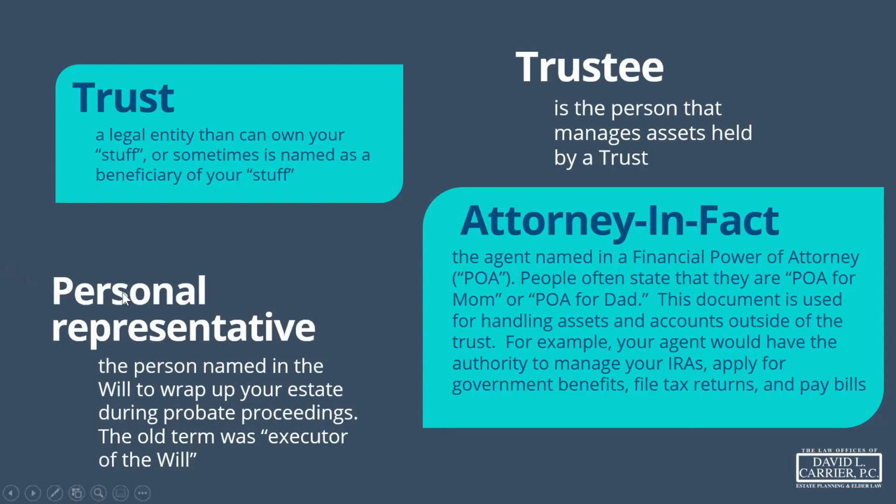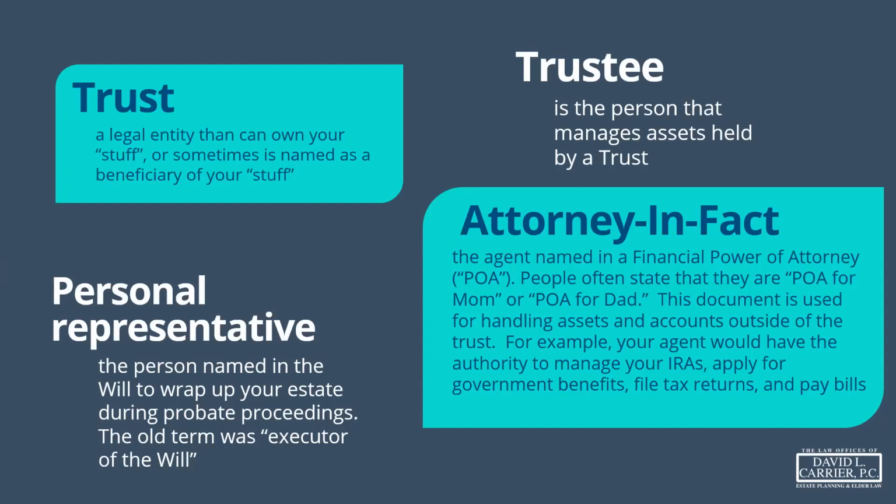That's pretty common. And that financial power of attorney document is used for things outside of the trust. So apply for government benefits, file tax returns. They may be cashing a check that's made payable to that individual that can't sign their name. So the attorney in fact can be made so it's effective upon your disability, or can be made effective immediately.